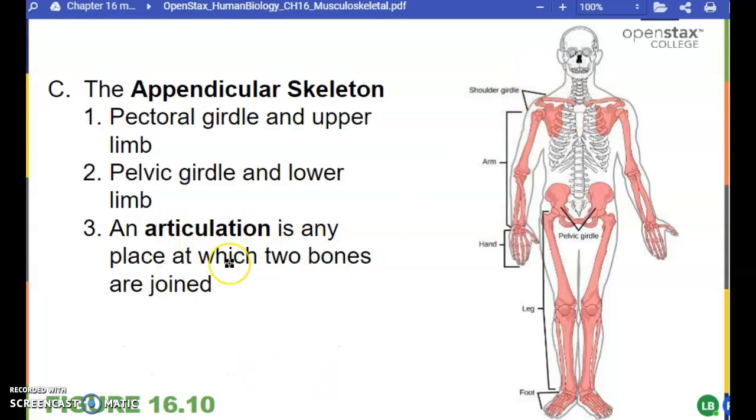I mentioned earlier that articulation is any place in which two bones are joined, so they articulate in some way. I think that's an important term.